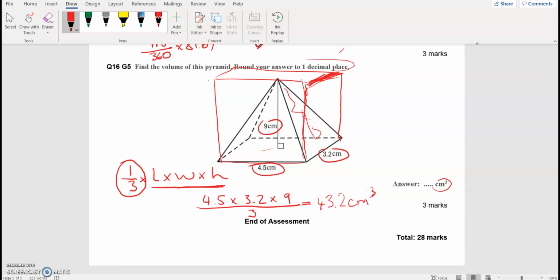We asked to write this to 1 decimal place, and it is already to 1 decimal place.